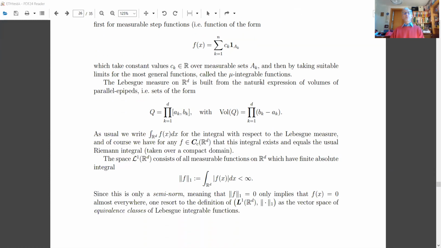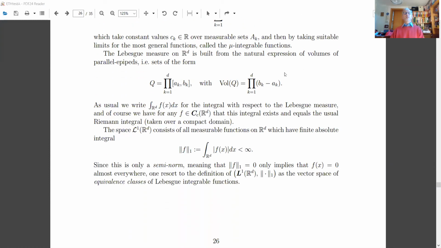It's the whole business of measure theory that you're saying, well, we start from the idea that we know the volume of parallelepipeds. So think of rectangles in the plane for a two-dimensional situation, d equals 2. And if you know the volume of a cube, which is just the product of the side lengths, then you can shift it around.